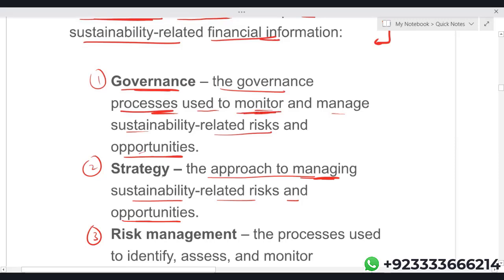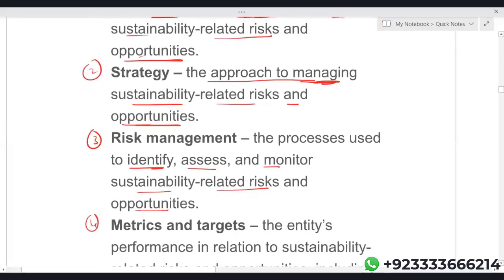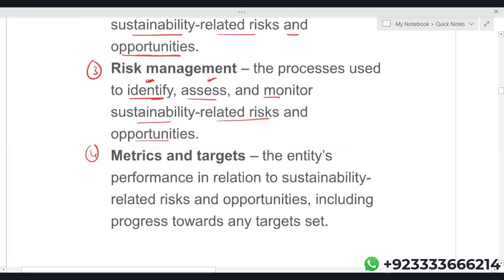Governance, monitor. Strategy, managing. Risk management: the process used to identify, assess, and monitor sustainability related risks and opportunities. In risk management, first you have to identify, assess, and then you will go for monitoring. The last one is extremely important. Obviously, if there are no targets in front of you, how will you evaluate the performance?